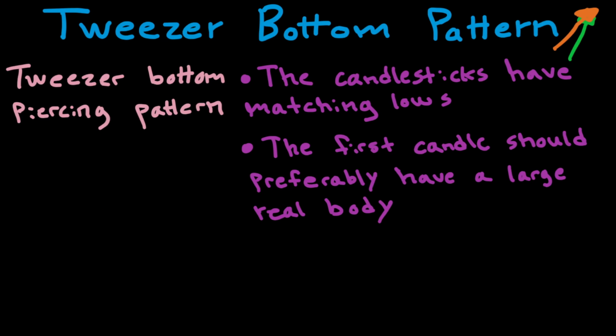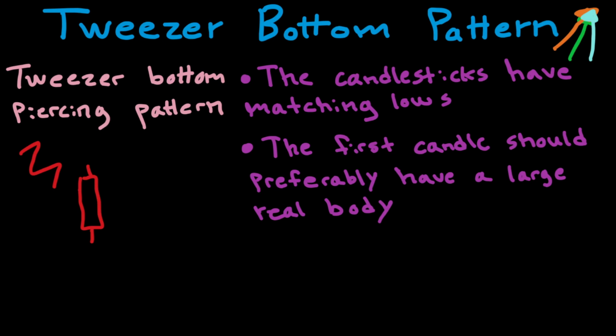Another one is the tweezer bottom piercing pattern. If you want to learn more about the regular piercing pattern, I have a video about that, linked as the others in the corner in the eye. The tweezer bottom piercing pattern is the same concept as the hammer. We have a downwards trend, and preferably a large red body as the first candle. The piercing pattern goes deep within the red candle.